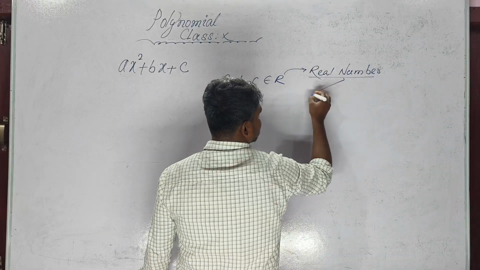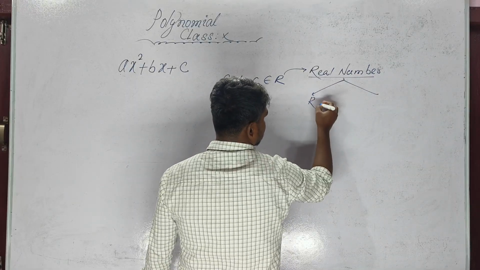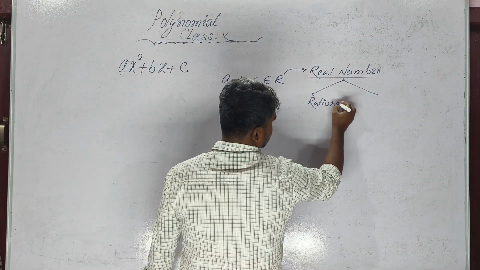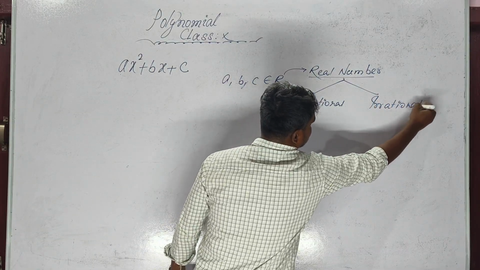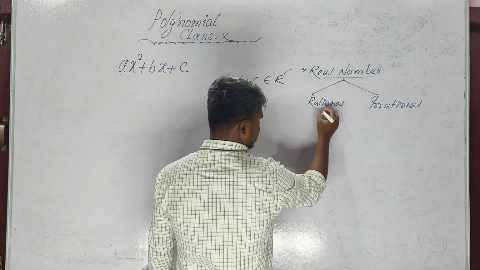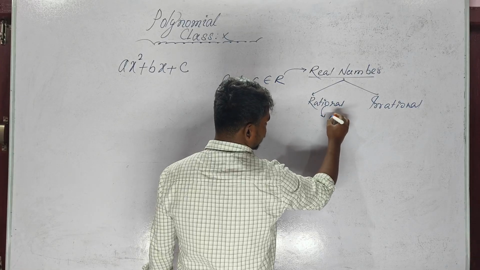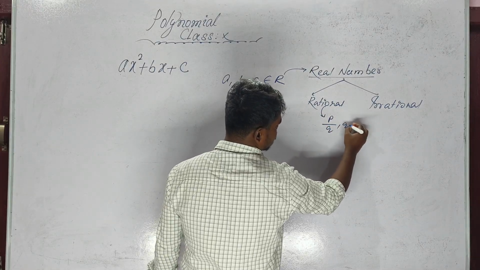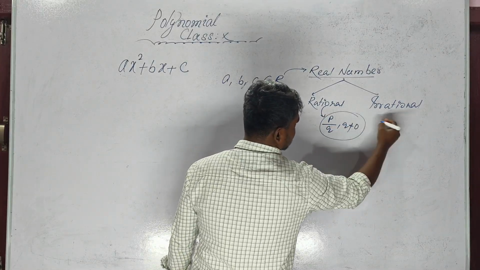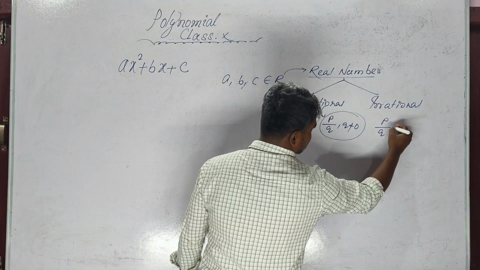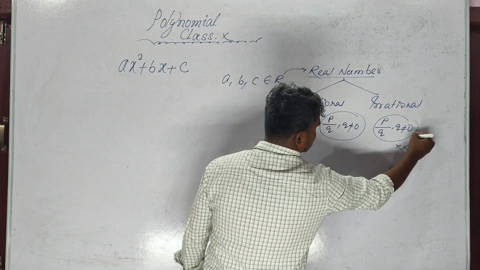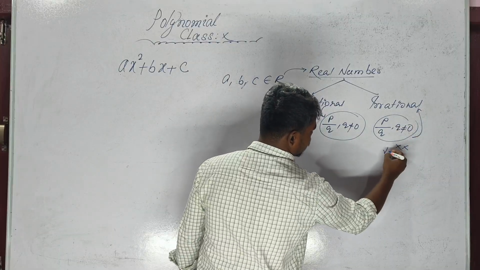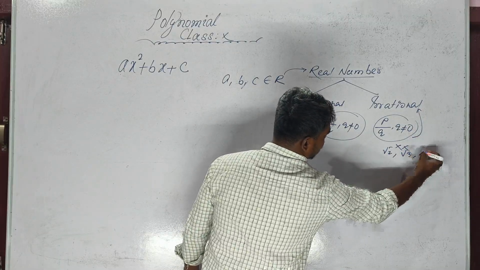Real numbers are basically made up of rational numbers and irrational numbers. Yes or no? A rational number can be expressed in the form of p by q, where q is not equal to 0. And an irrational number we cannot express in the form of p by q, like root 2, root 3, pi.